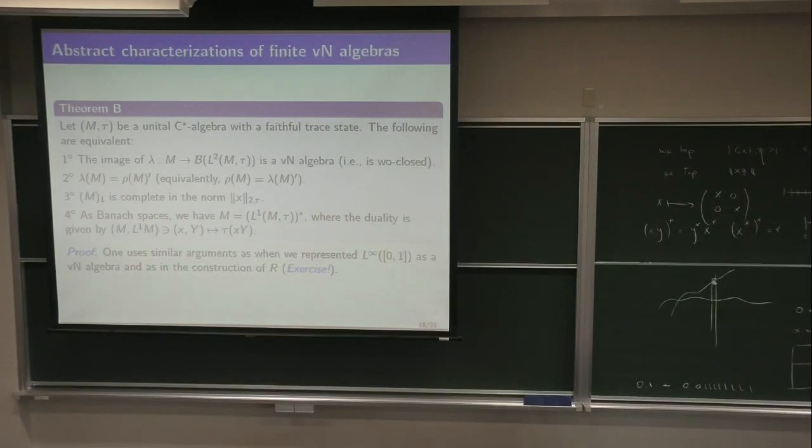But also the fourth one, this is Sakai's, in a hidden way. And that's genuinely Sakai, which says that as a Banach space, M has a predual. And actually, I'm saying exactly who the predual is. It's L1 of M, with the duality given this way. Okay?